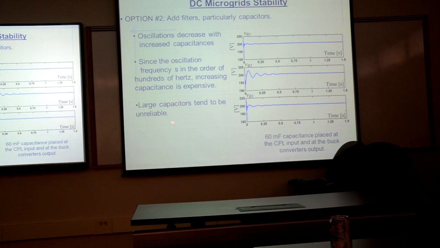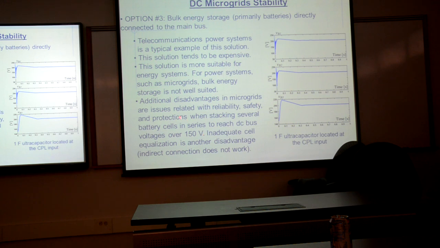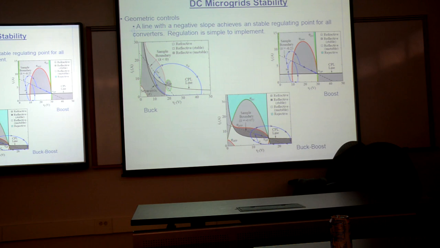The capacitance in the filter could be expensive, and large capacitors tend to not be very robust in operation. We can add bulk energy storage. It's similar; for some microgrid configurations it can be advantageous, for some others maybe not. We get pretty good results with that.